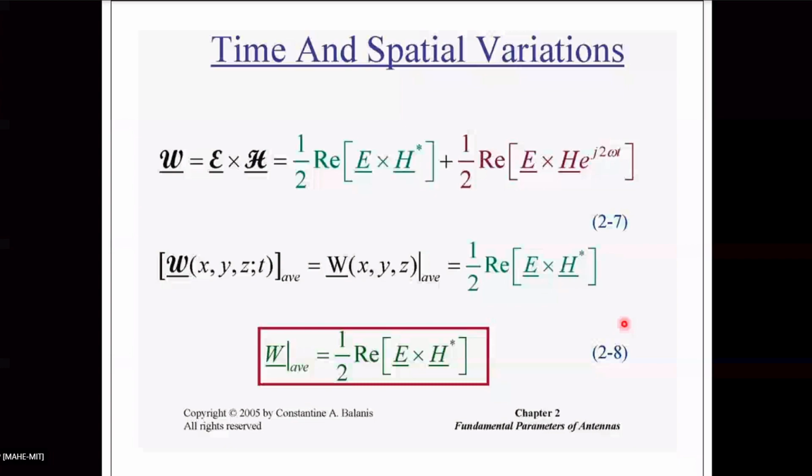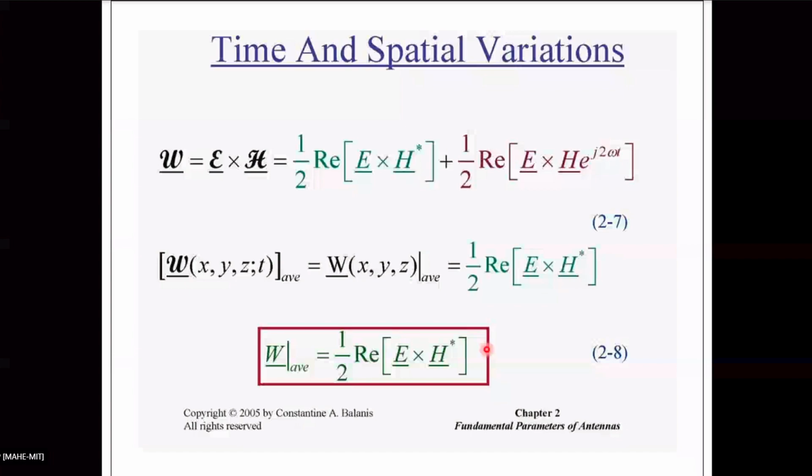In the expression for H, if you want the complex conjugate, you have to replace j by minus j, wherever j is there. So finally, what I conclude is that average power density is given by half times the real part of E cross H star.